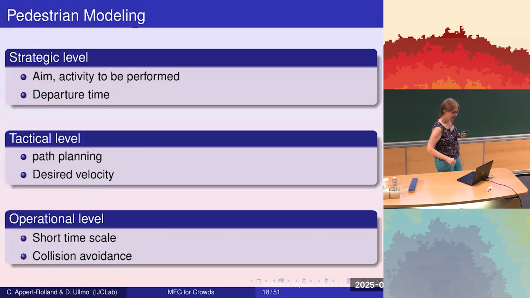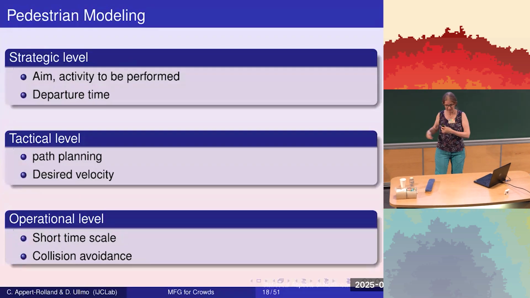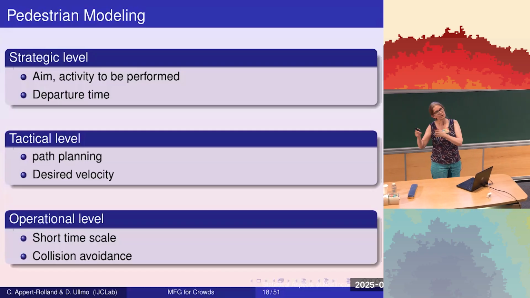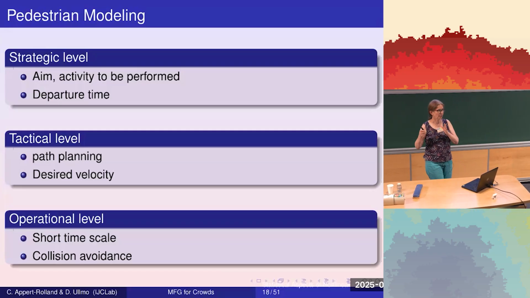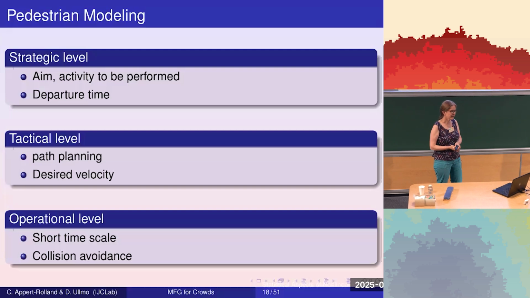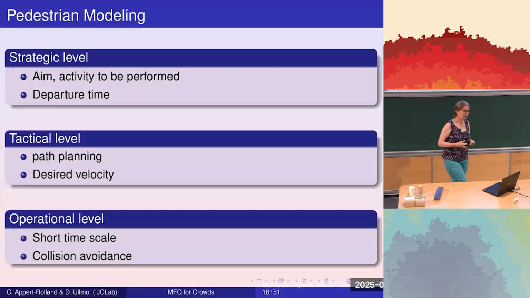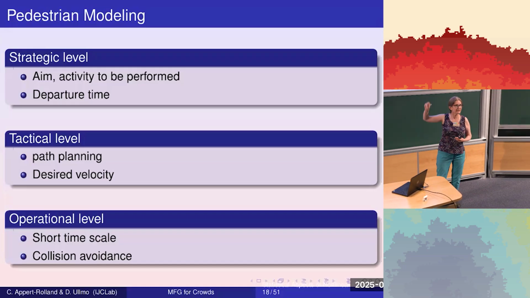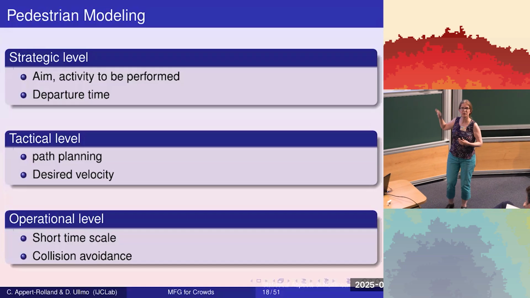To put this into another perspective, I will make a certain number of general remarks before going back to the modeling part. People in pedestrian modeling have the habit of distinguishing several levels of modeling.